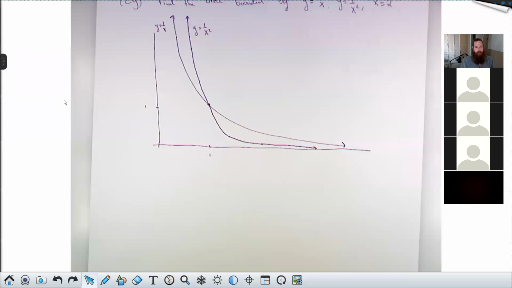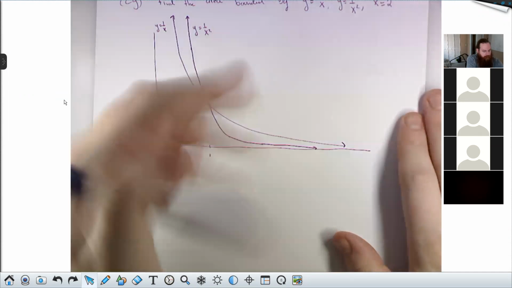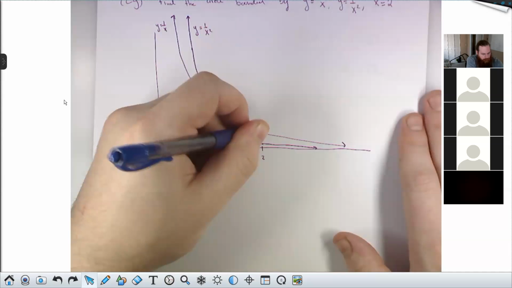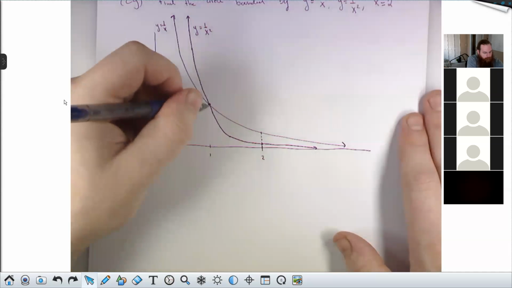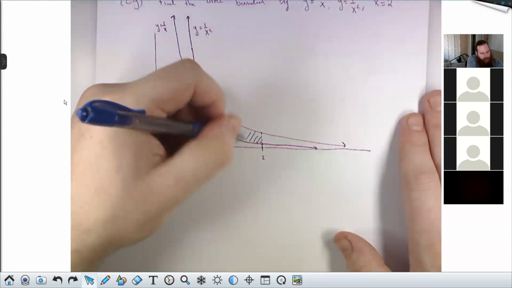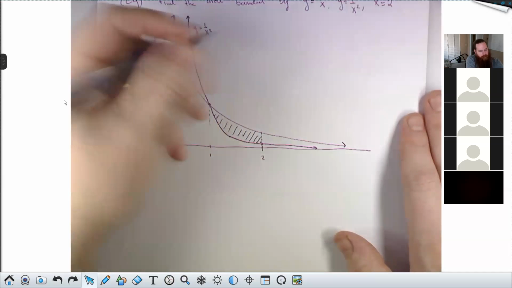So you see from there to here, very similar. I mean, your pictures don't have to be perfect, but they have to be good enough for you to tell what's going on. So I'll mark this as x equals 2. And here's x equals 1. So the area I'm looking for, the area bounded by these guys, is this.